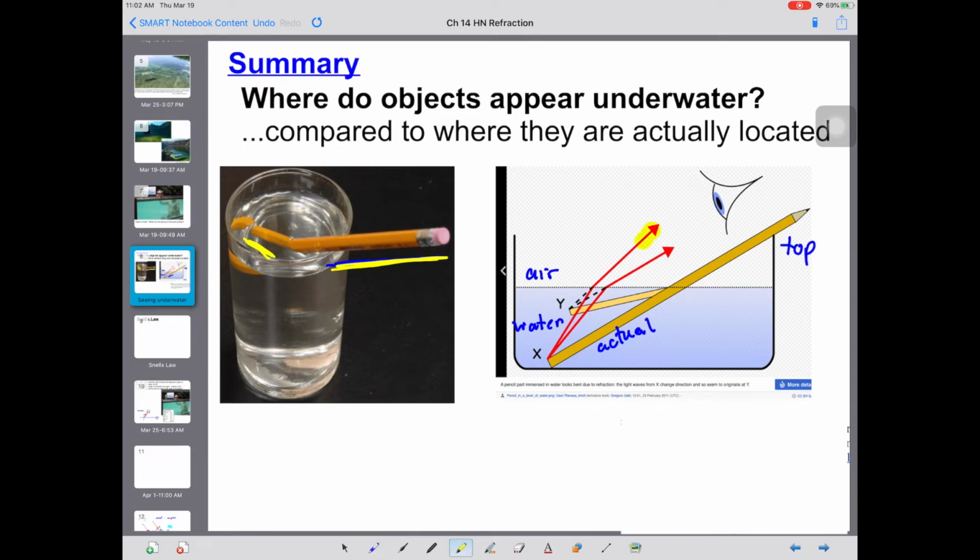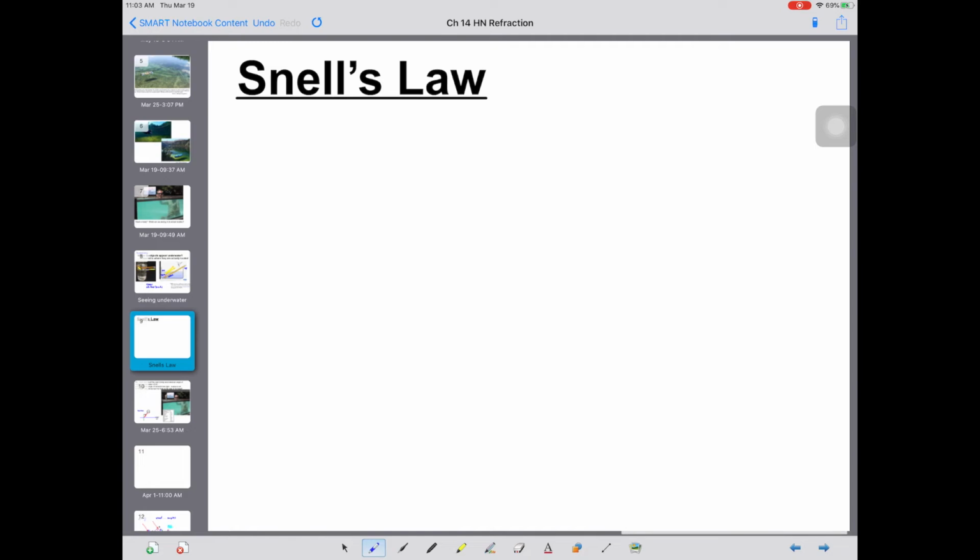It follows these rays right here and here straight back, and it sees those rays come together, and so it perceives the end of the pencil much closer to the surface and also shifted over to the side. So when you're looking at things underwater, this refraction causes you to see things closer and shifted off to the side.